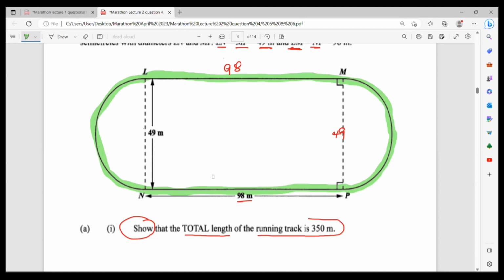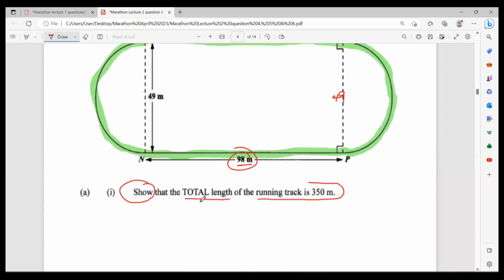So when you see this, you're like, oh, I have some stuff already. I have this and I have this. So it means I'm missing the curve part. Oh, it's a semicircle. And then you have two semicircles of the same dimension. That means I have one circle then, which is true.